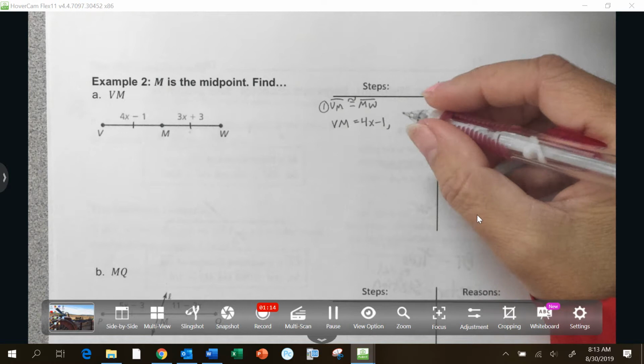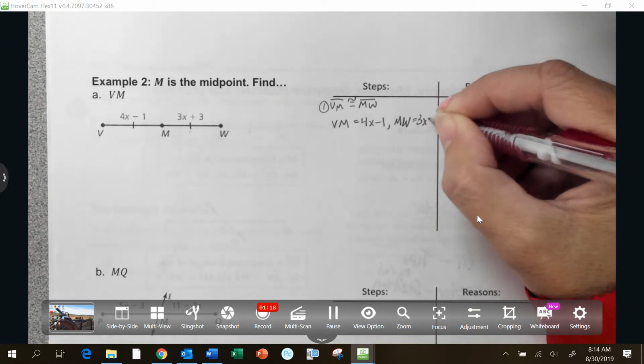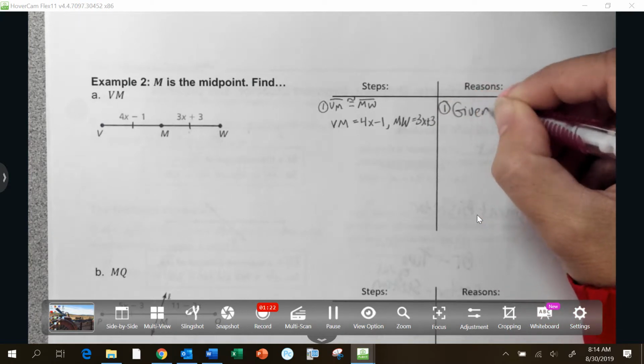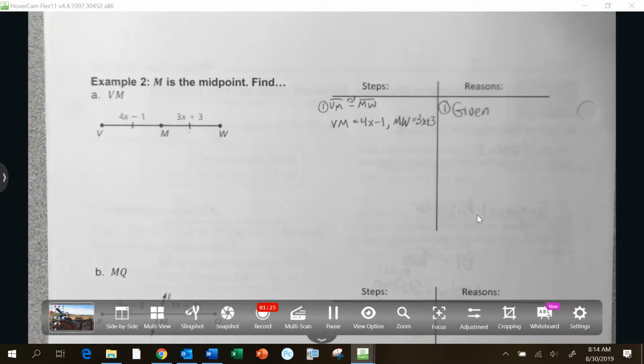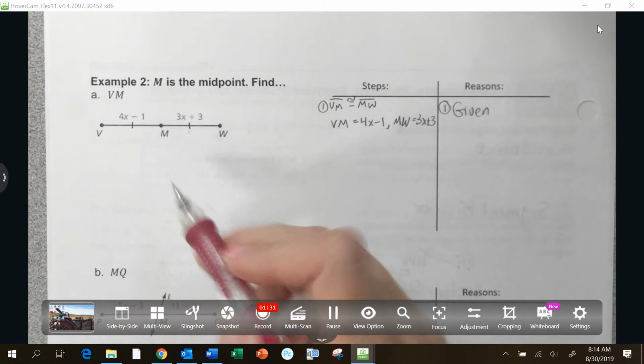And then MW is 3x plus 3. That's all the stuff that we were given. We are trying to find the length of VM.